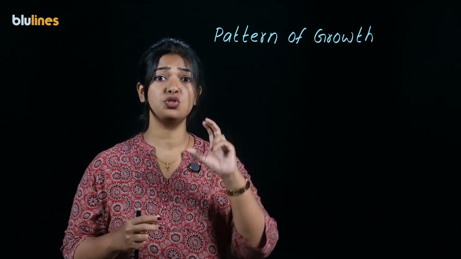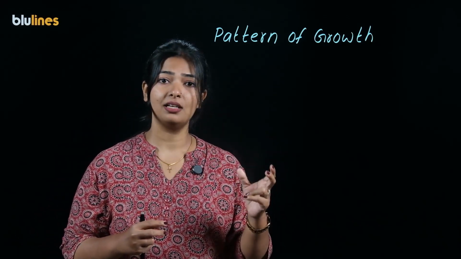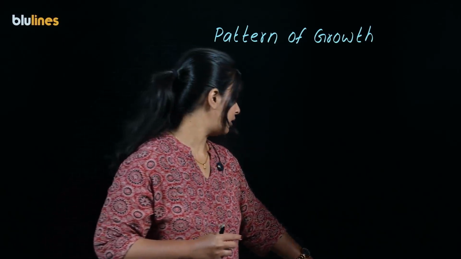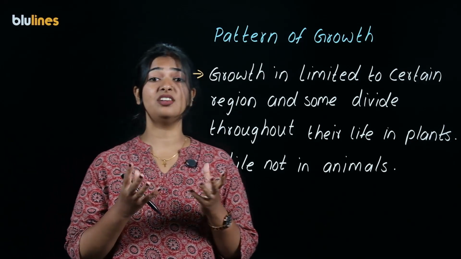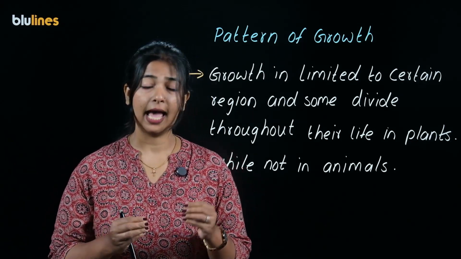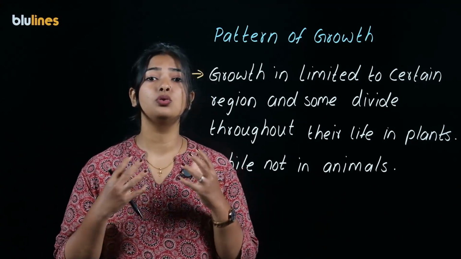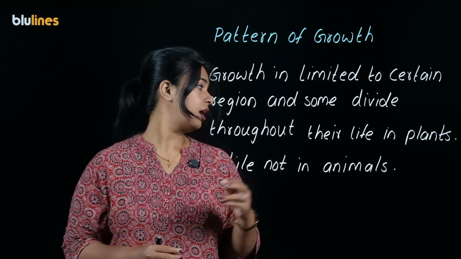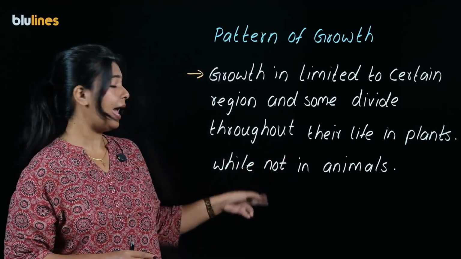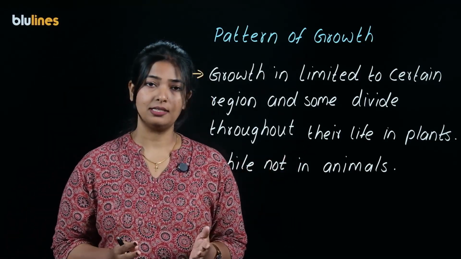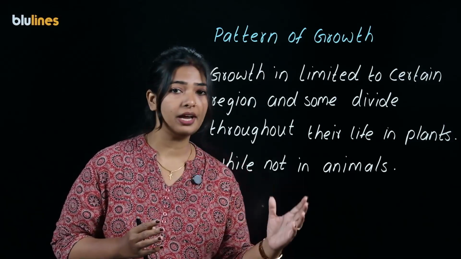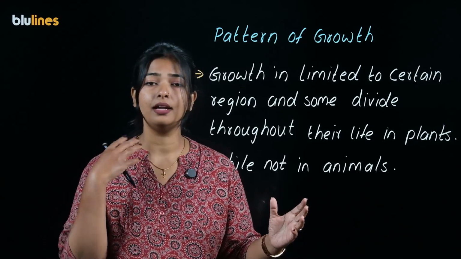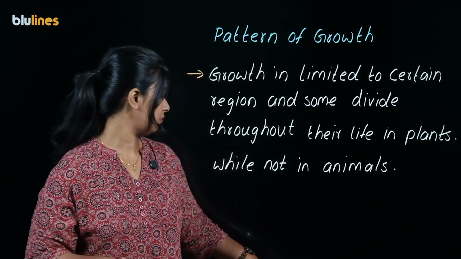The dividing regions can divide continuously throughout their life. So, growth is limited to certain regions in plants, and they can divide throughout life. Whereas in animals, it is not like that. In animals, there is no differentiation between dividing and non-dividing regions.